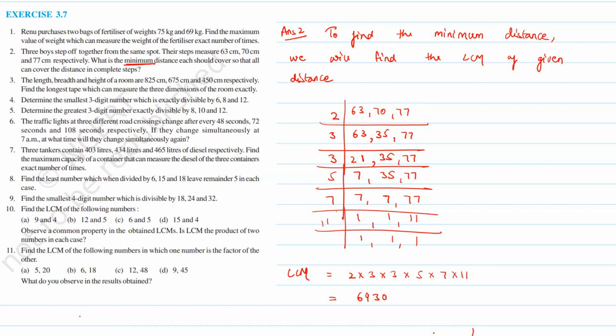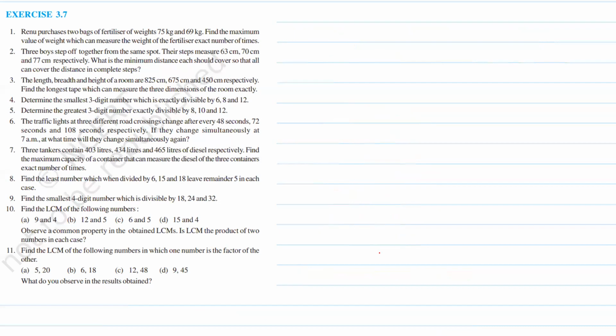So you will write at the end, hence 6930 is the minimum distance each should cover. The same line from the question itself: each should cover so that all can cover distance in complete steps.